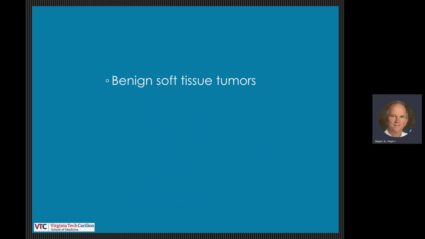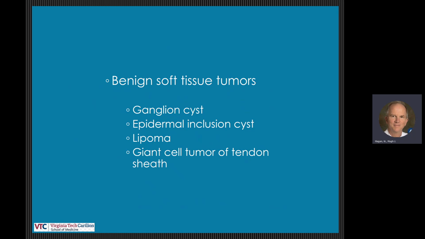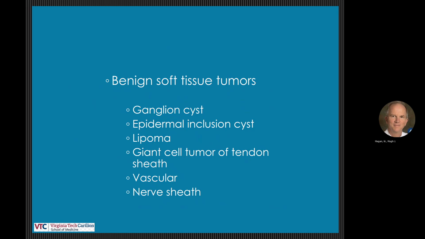Benign soft tissue tumors include ganglion cysts, epidermal inclusion cysts, lipomas, giant cell tumors of the tendon sheath, vascular tumors, and nerve sheath tumors.